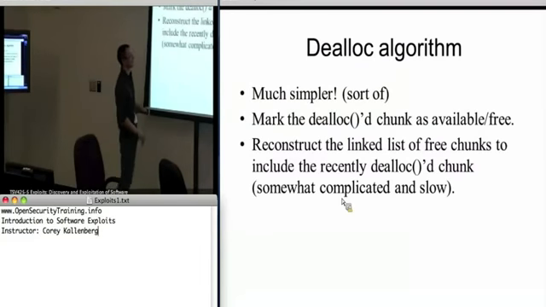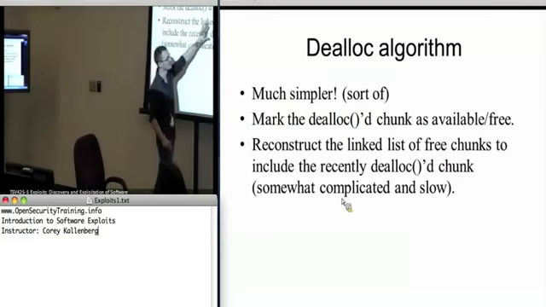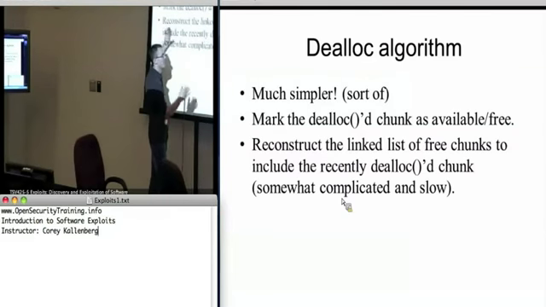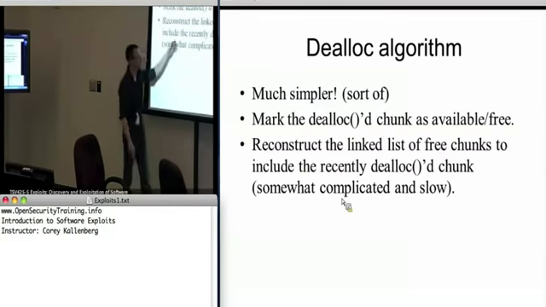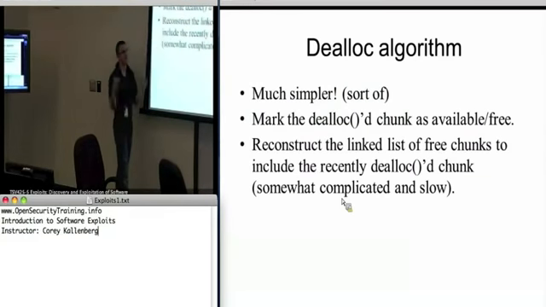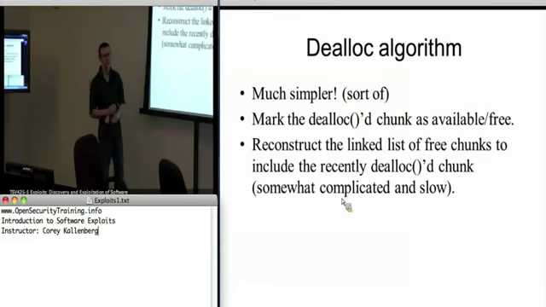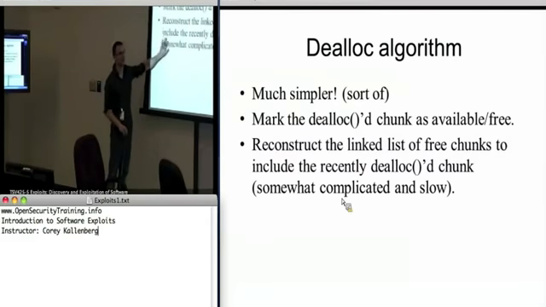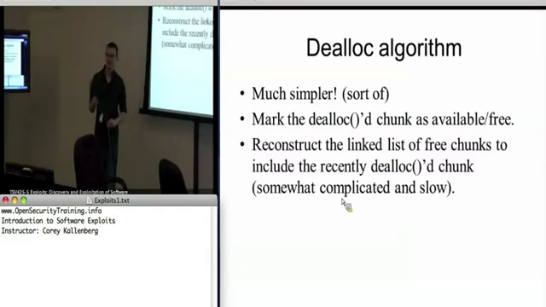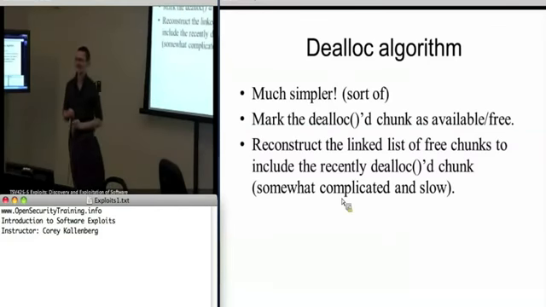So I basically walk over the whole heap, keeping track of what chunks I've seen and whether or not they're free. And then based on what I've seen, I construct my linked list. So just remember, when dalloc happens, everything is basically reconstructed from scratch. That was easier before your program did crazy linked list stuff.